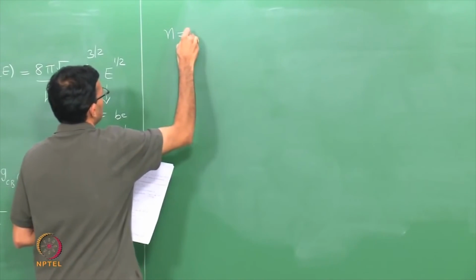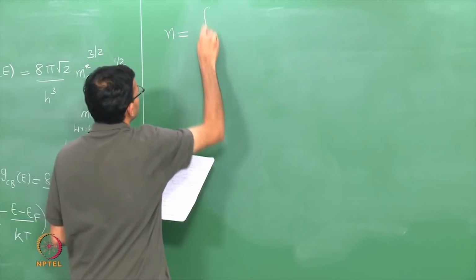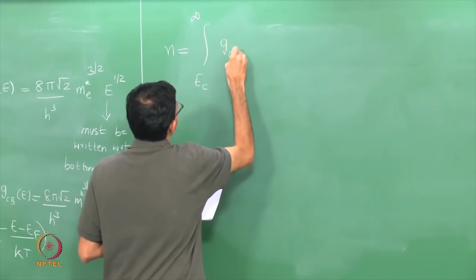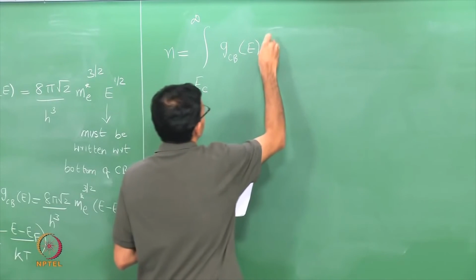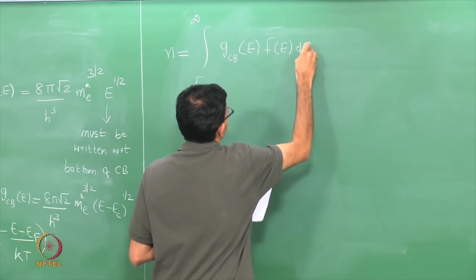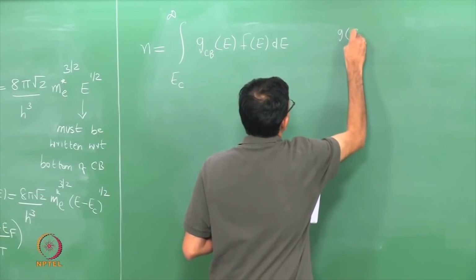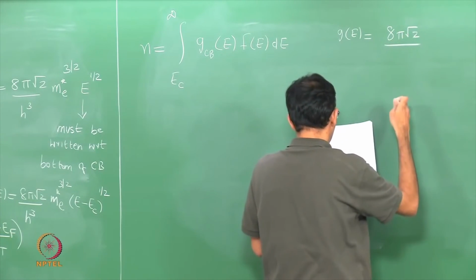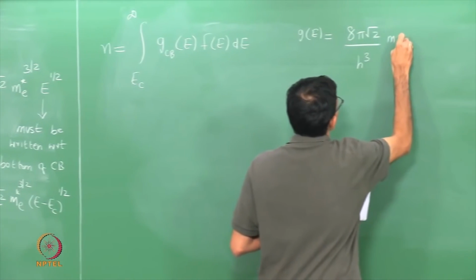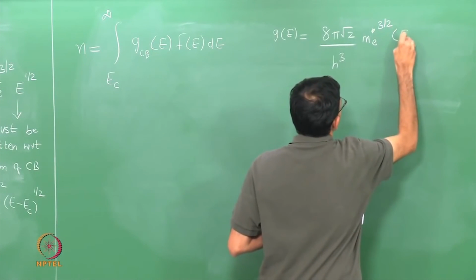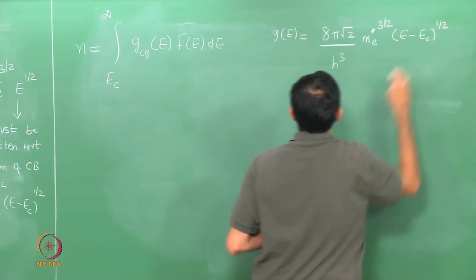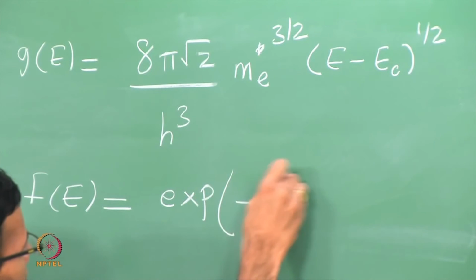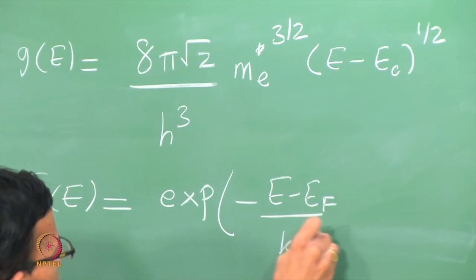If we rewrite this, n, which is the number of electrons in the conduction band, goes from the base of the conduction band EC up to infinity, the density of states times the Fermi function dE, where the density of states is given by this expression: me star whole power 3 over 2 times E minus EC whole power half, and f of E we will use the Boltzmann's approximation and write it as exponential E minus EF over kT.